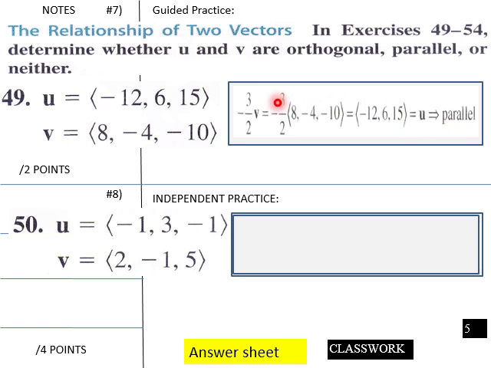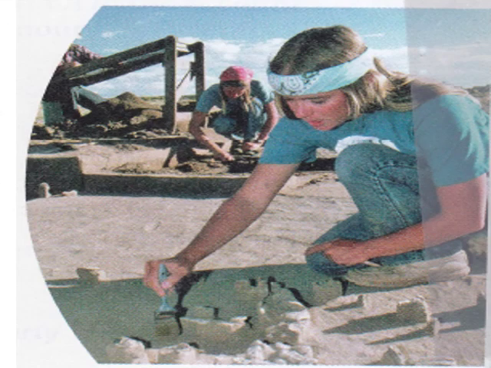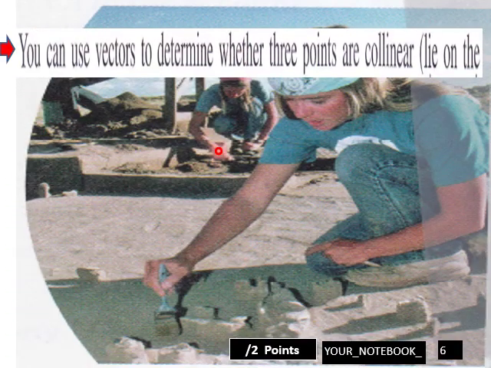So therefore, they are parallel. u and v are parallel because they have a scalar of -3/2, which will yield parallel lines. This one down here, students, I want you to do on your own. Let's move on now to the next one.